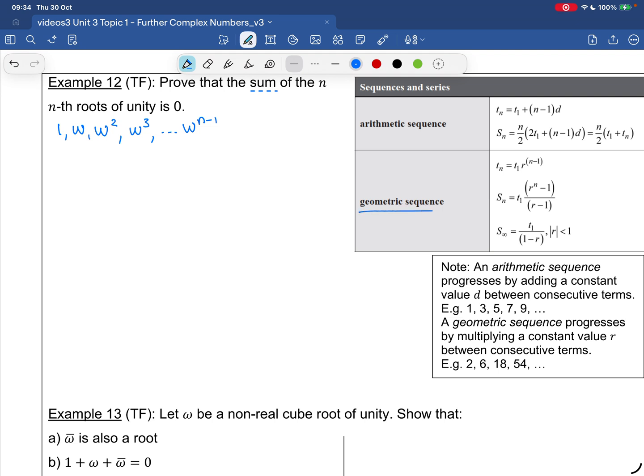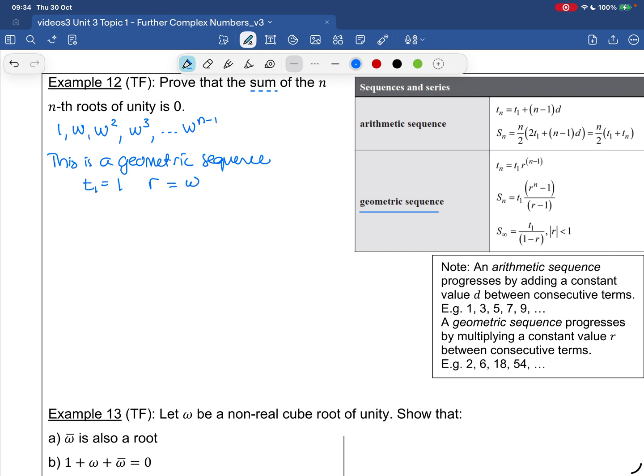And on your formula sheet, you've got the formulas for geometric sequences. So this is a geometric sequence where my first term, T1, is 1, and my common ratio, the amount that I have to multiply each term by to get the next term, is just going to be my omega.